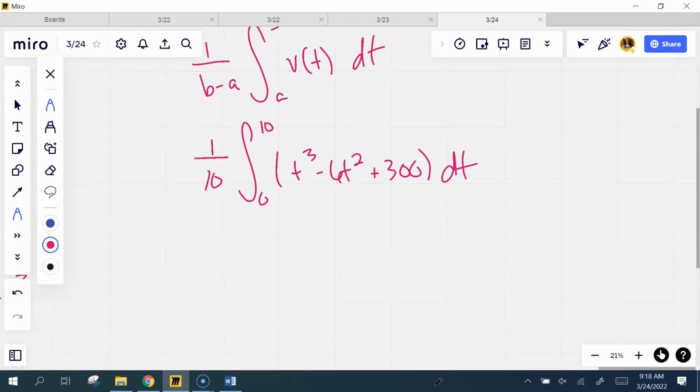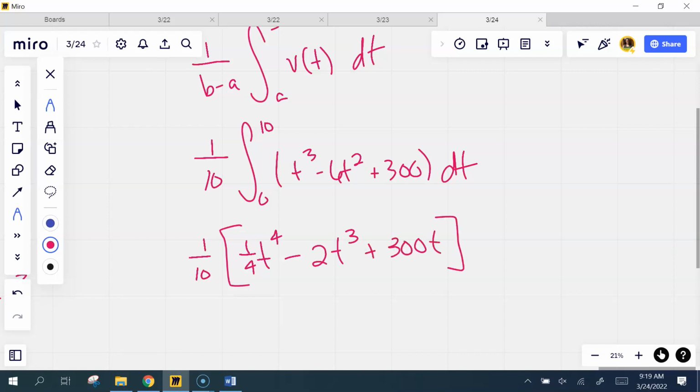Your second point is the antiderivative. If you got 1 point for the integral, you should have the antiderivative evaluated from 0 to 10. There's point number 2, and you still haven't evaluated anything.